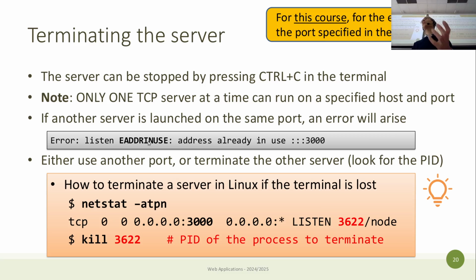There cannot be two servers listening on the same TCP port. This is just for convenience. In case you lost the terminal and the server is still running, you need to be able to find the process and terminate the process externally, and you don't have the Ctrl+C anymore if you lose the terminal.